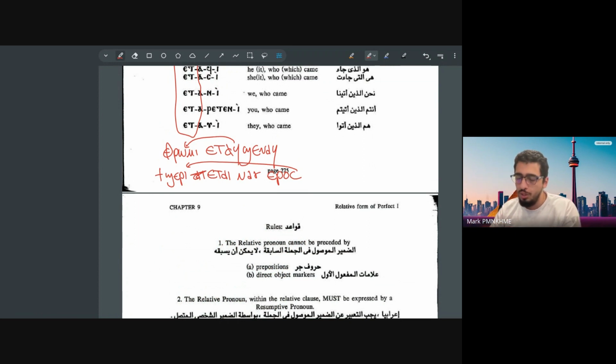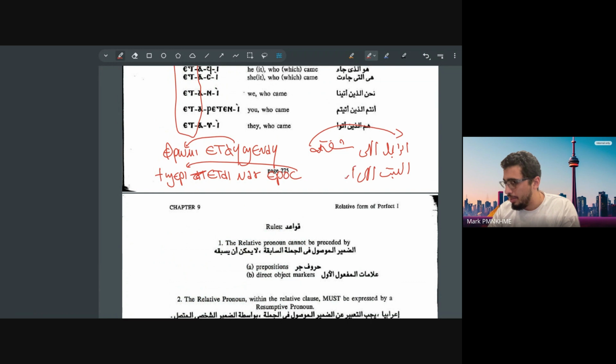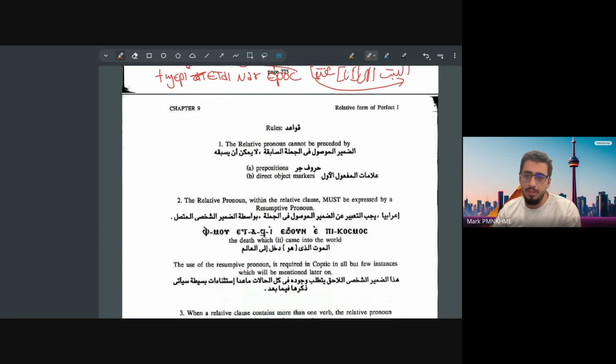This actually is intuitive if we speak Arabic. It would be like الراجل اللي شفته, comes back to it, and then البنت اللي, have to say أنا actually شفتها, and then the ha comes back here. Our الراجل اللي.